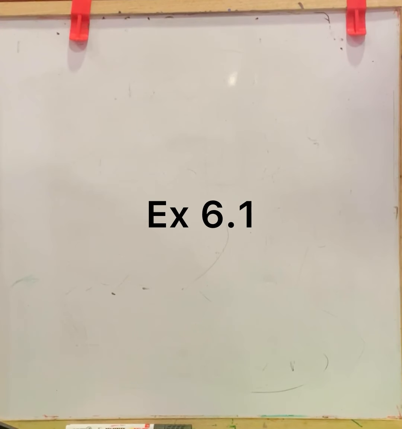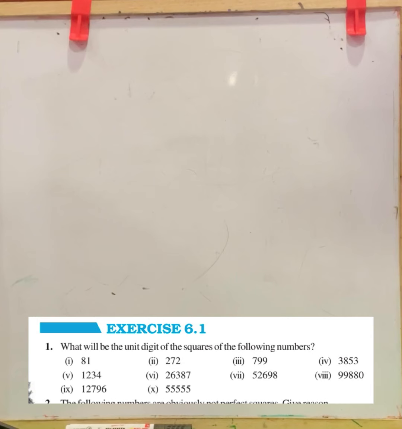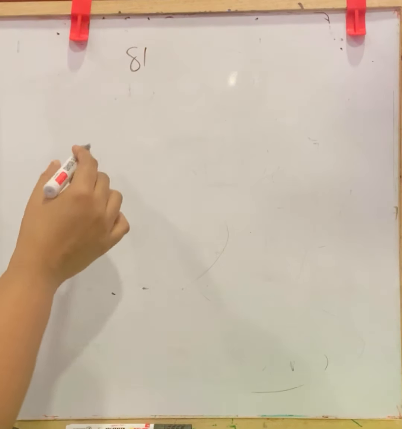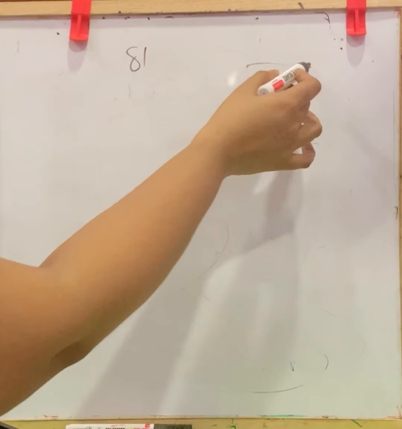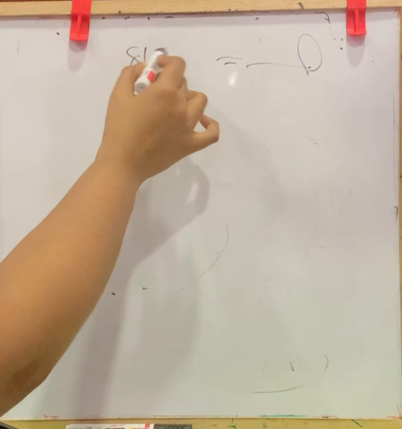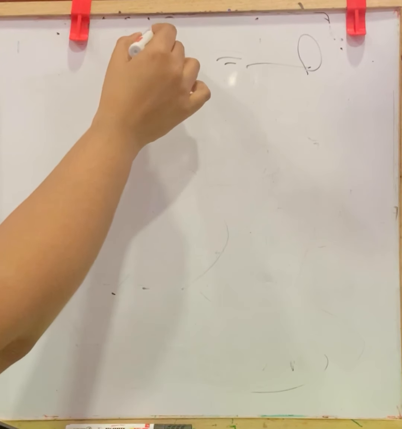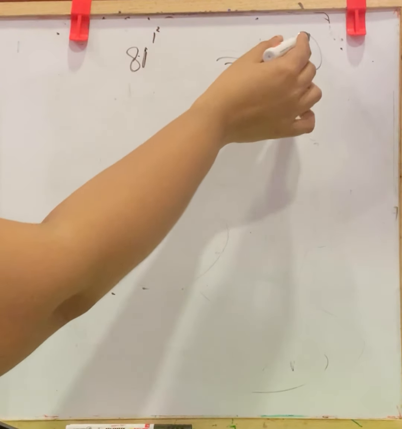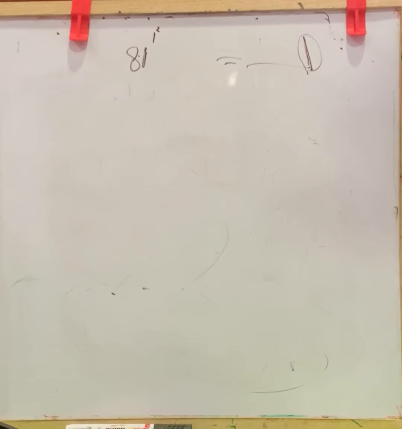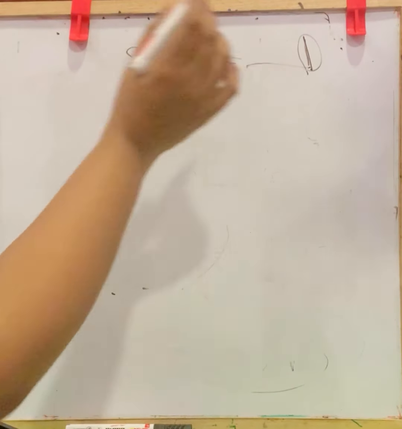Now coming to exercise 6.1, first question: what will be the unit digit of the squares of the following numbers? 81. What will be the unit digit of the square of this number? Here the units place is 1 and we know 1 into 1, that is 1 square is 1. So here the units place will be 1.